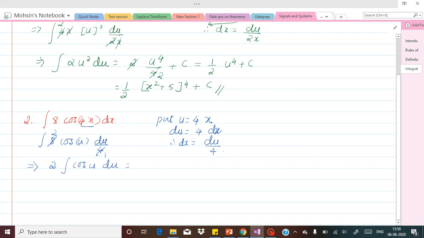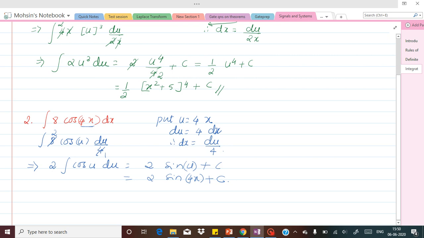So integration of cos u with respect to u is going to be sin u, so this is 2 sin u plus c. So now what is u here? u is 4x, so therefore we can substitute this: 2 times sine of 4x plus c.